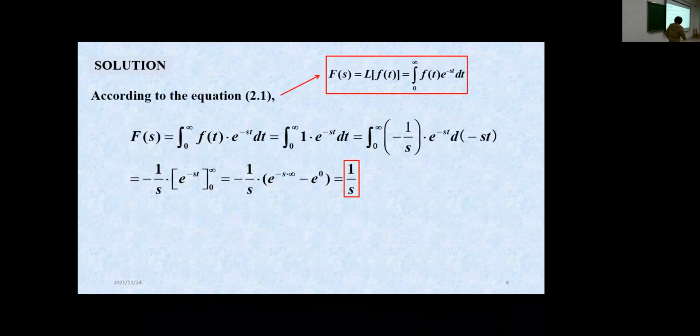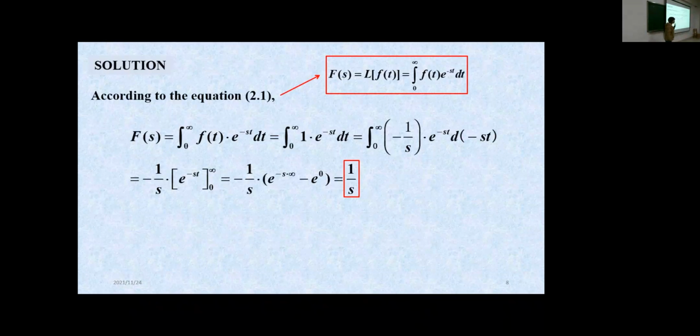It's easy. This is definitely the integration from the time domain, time from 0 to infinity. And here f(t) should be multiplied by what? e to the negative st, right? So once we write down this definition, then we can write the definition for a step function.